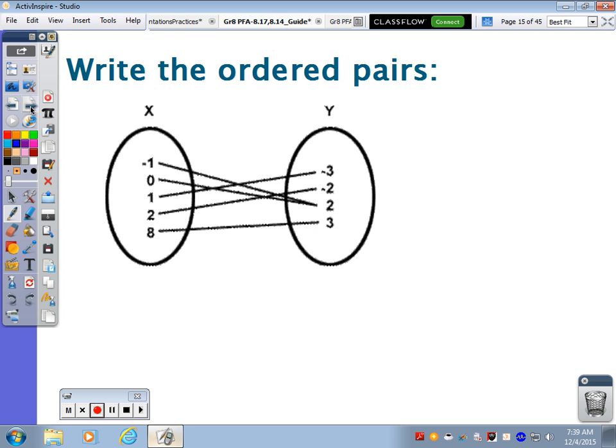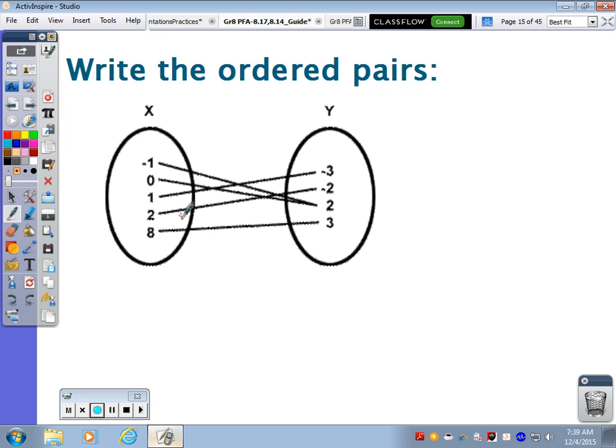So if you have a mapping, then mapping's represented by the left oval being the x values, the right oval being the y values, and these lines that connect them are very important. They show the ordered pair. If you have 5 lines, you should have 5 ordered pairs from this map.